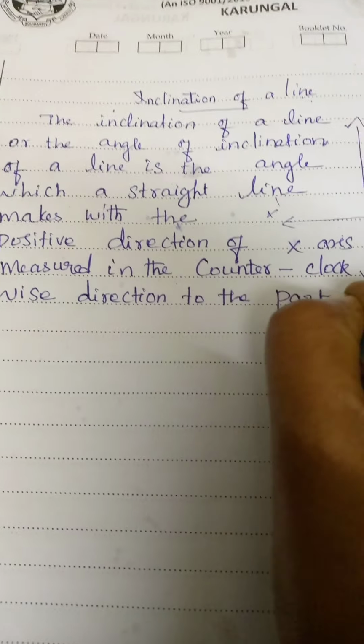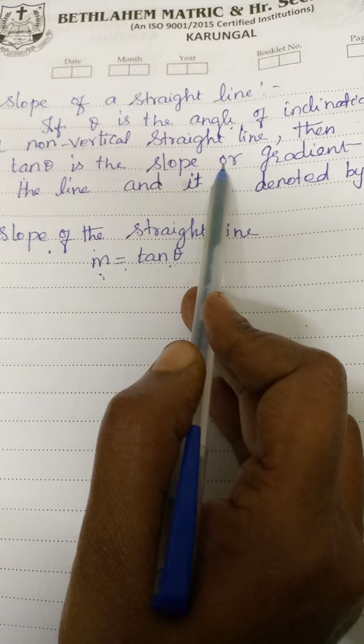Slope of a straight line: if theta is the angle of inclination of a non-vertical straight line, then tan theta is the slope, or gradient of the line, denoted by m.